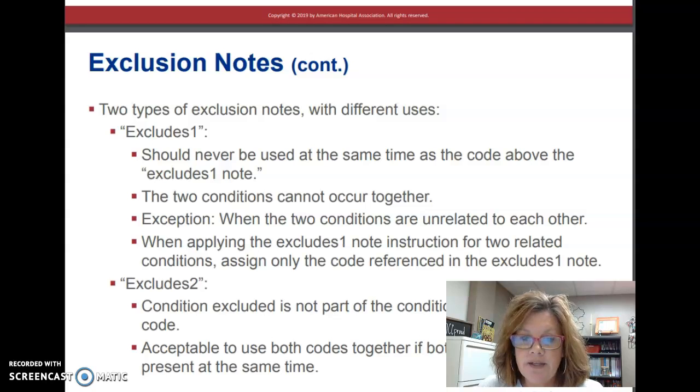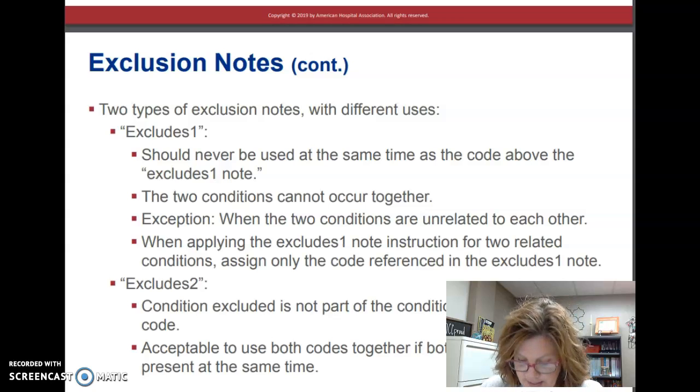What you can code: we have Excludes2. The condition excluded is not part of the condition represented by the code. At this point, it is acceptable to use both codes together if they're present at the same time.